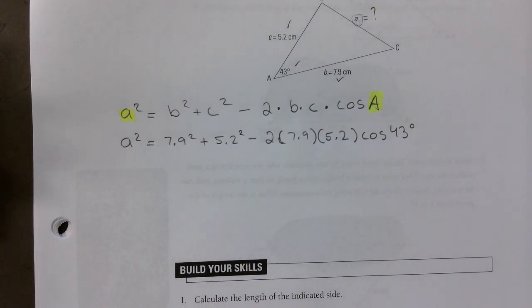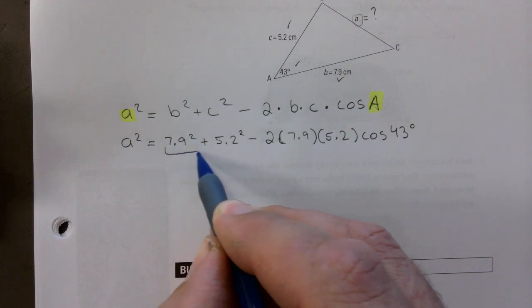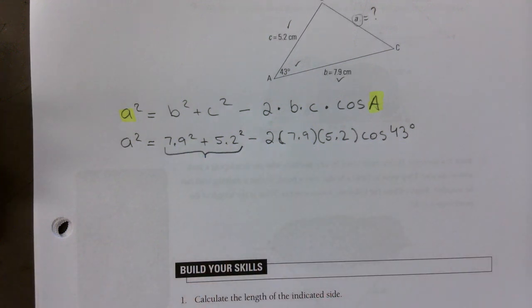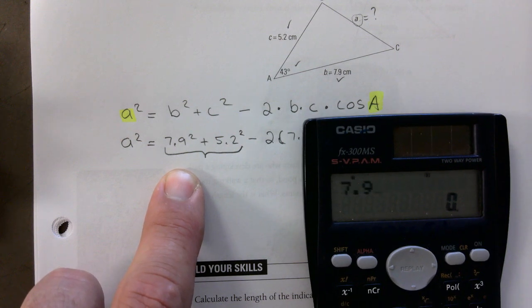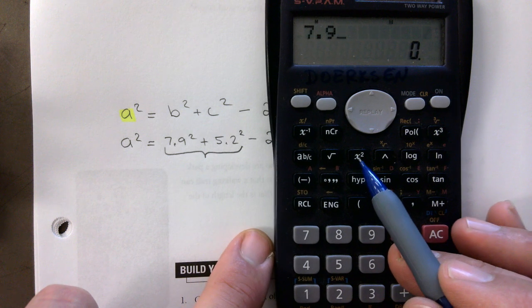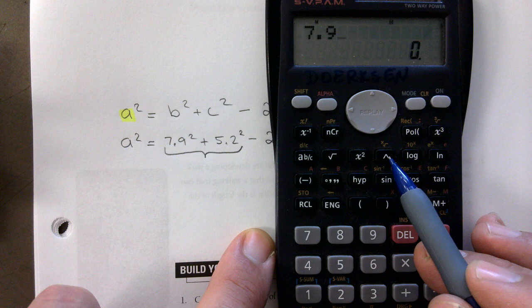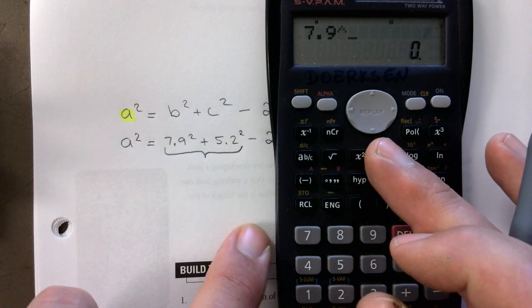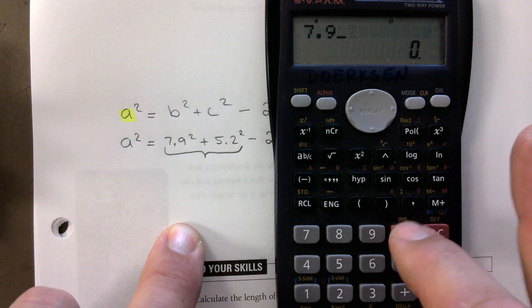And here's where having a good calculator will pay off. But I will assume you have a non-two-liner, right? So we'll do this part first, and then later I'll show you the shortcut. So 7.9, I have an x squared button on my calculator. You may not have that, so you need to use this hat. Watch the hat here. If you go hat squared, it does the same thing. I'm going to just use my x squared button, okay?